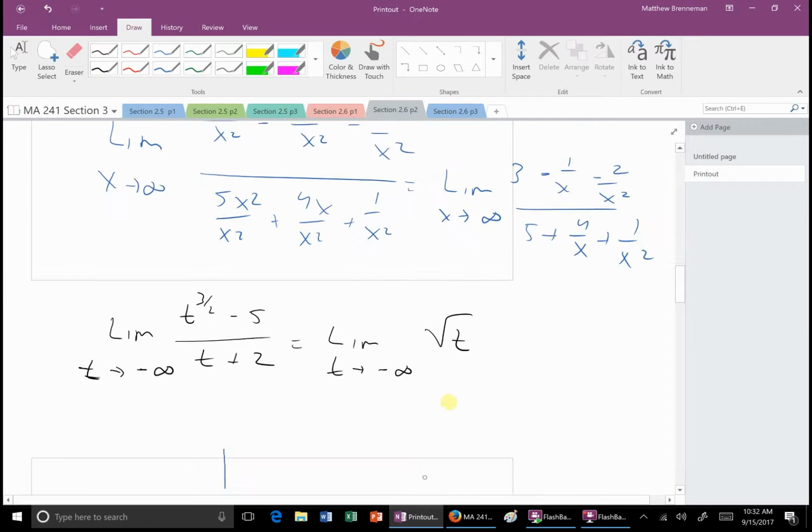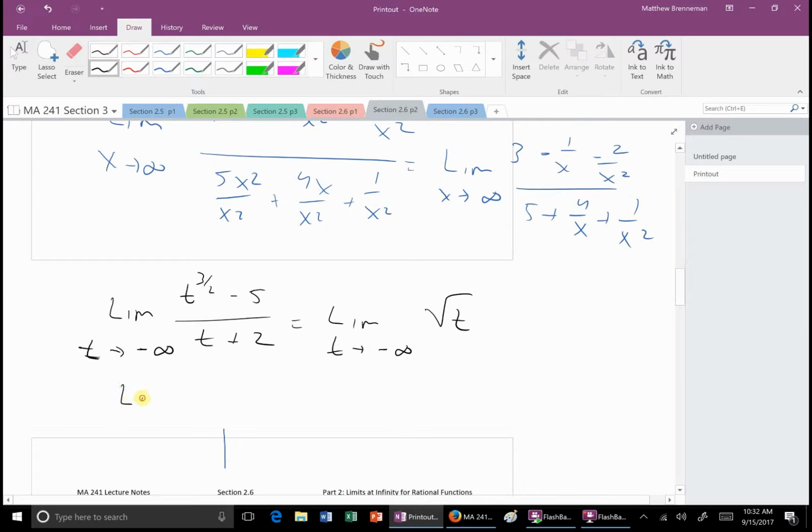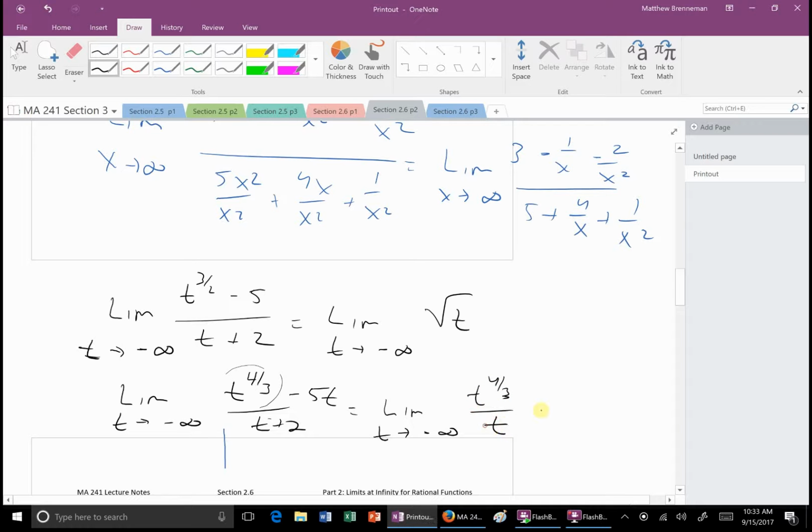If this was the limit as t goes to negative infinity of t to the 4/3 minus 5 over t plus 2, my leading term on the top would be t to the 4/3, and the leading term on the bottom would just be t.